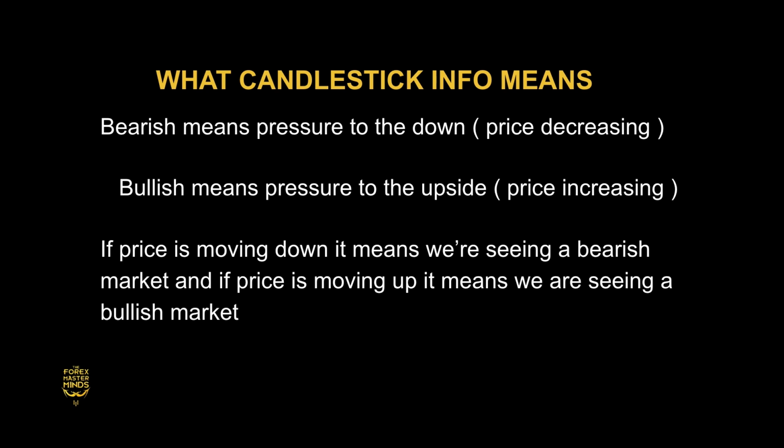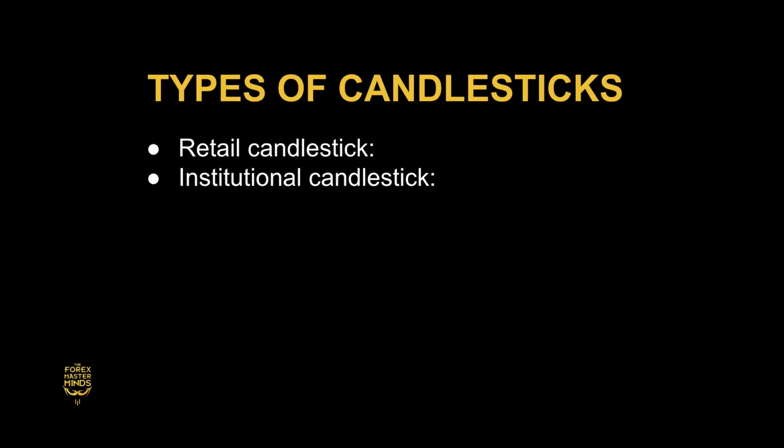Then if at 2 o'clock you see a candle that has the open above the close, then we have a bearish candle. So the bullish candle has the open below the close, and the bearish candle has the open above the close. Okay, moving on to the next topic, types of candlesticks.